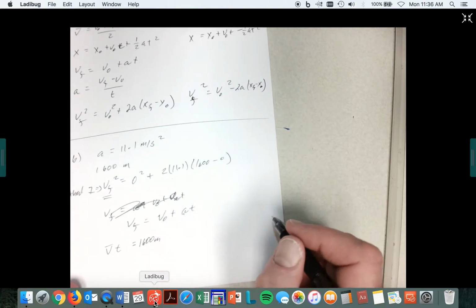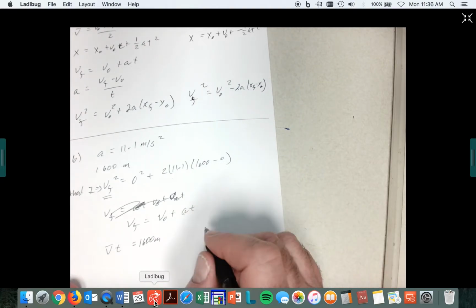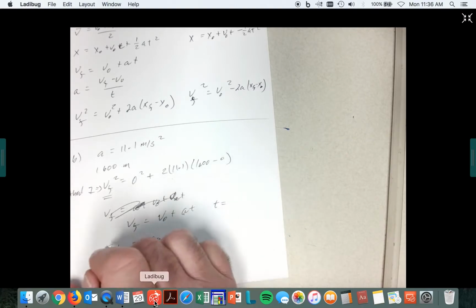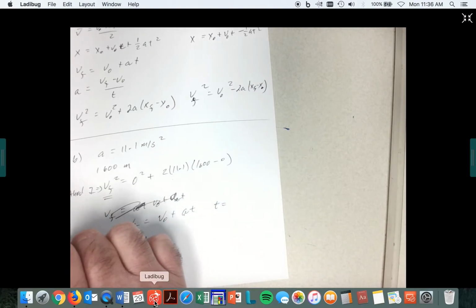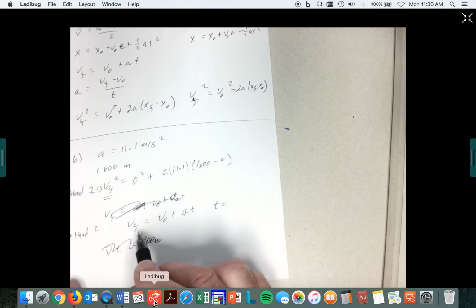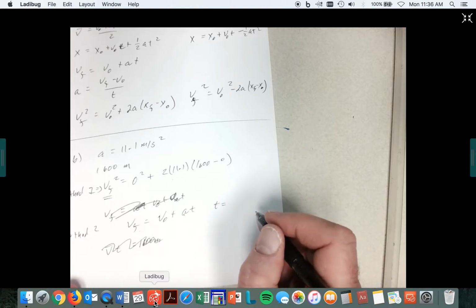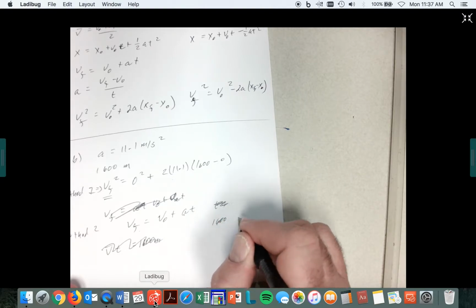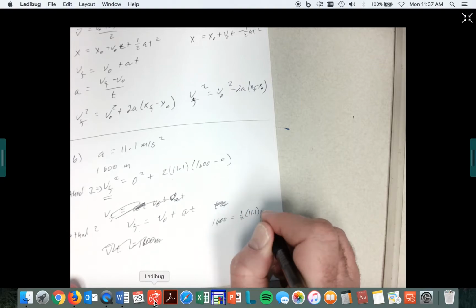Or I can figure out the time. Oh, sorry, this is method 2. So v final is equal to this, where I know that the time, 1,600 is equal to 1/2 times 11.1 times the time squared.